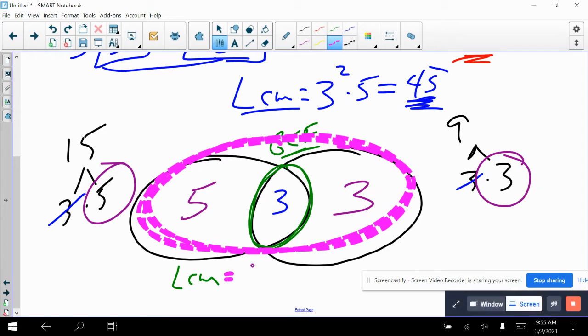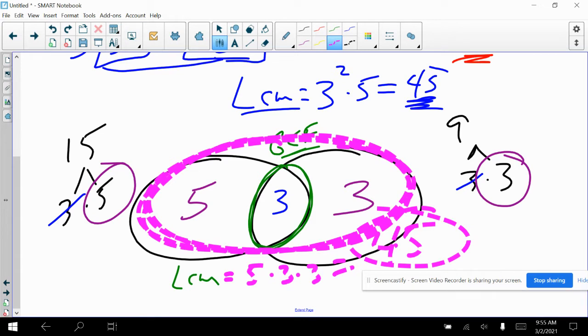So you multiply 5 times 3 times 3, and guess what? That still gives you 45. That's why I like the Venn diagram, because whatever is in the circles, you multiply together, and that's your LCM. Does it make sense? Okay. Everybody good with that so far?